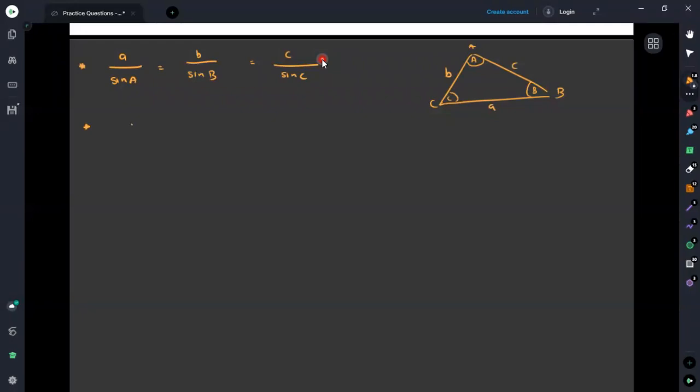The cosine rule can be obtained as a squared is equal to b squared plus c squared minus 2 times bc cosine A. Then b squared is a squared plus c squared minus 2 times ac cosine B. c squared is a squared plus b squared minus 2 times ab cosine C.